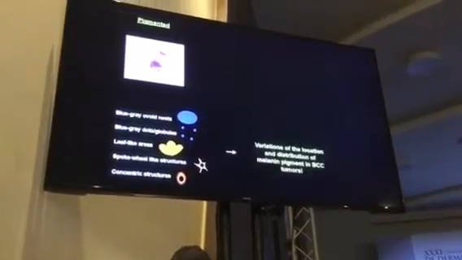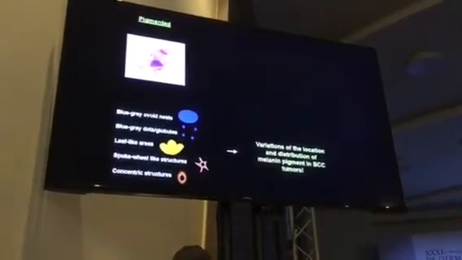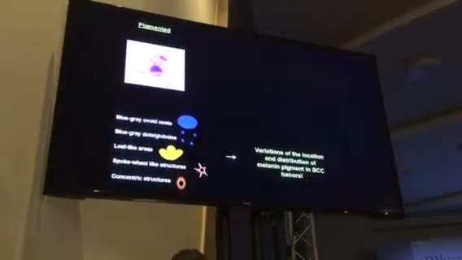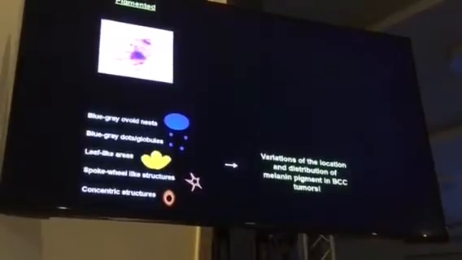For pigmented lesions, there are multiple variations in how the pigmentation can appear. So you have blue-gray ovoid nests, dots and globules, leaf-like areas, spoke wheel-like structures, and concentric structures. All of these are essentially variations of where the melanin is distributed in the tumors and the shape and the size of the tumors.